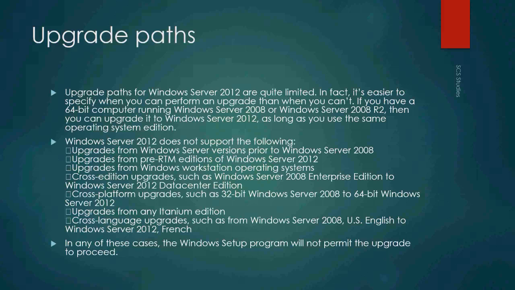Cross-language upgrade. This is very important. For example, if you have Windows Server 2008 in US English and you want to migrate it to Windows Server 2012 in French, that will not work. That means the language should be the same during migration. During an upgrade you have to think about the language as well.